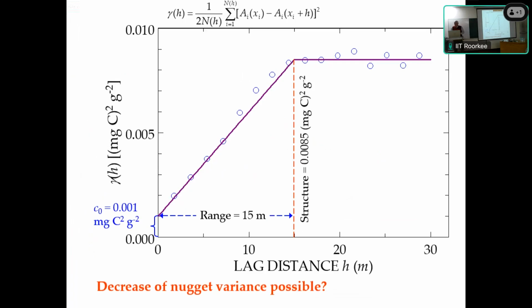That brings us to 0.002, and then take the square root of it. That is almost 0.05. That's the difference, 0.05 milligram carbon per gram soil. That's the difference that we are looking at here at the smallest scale.